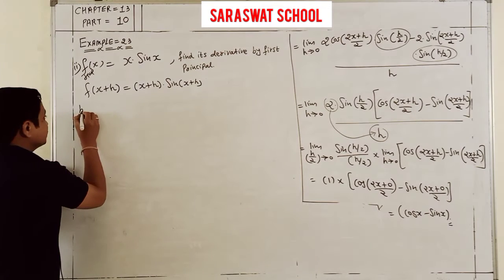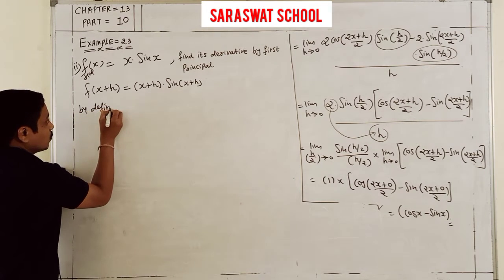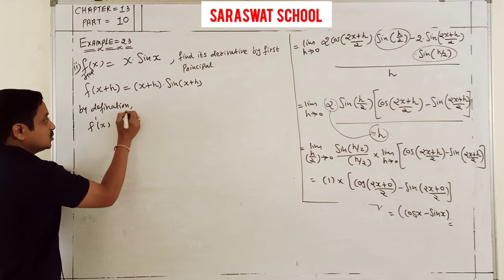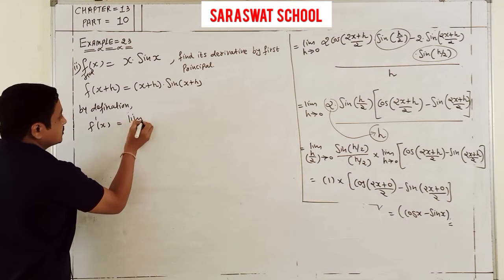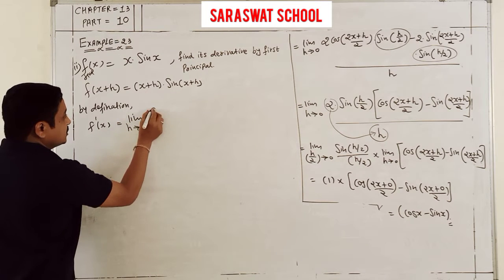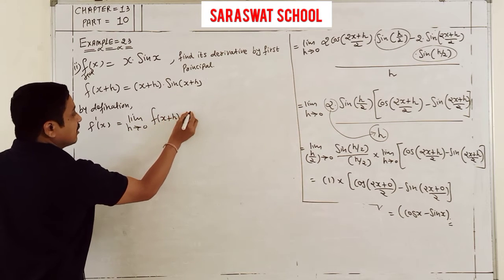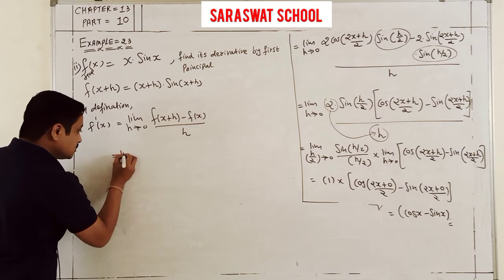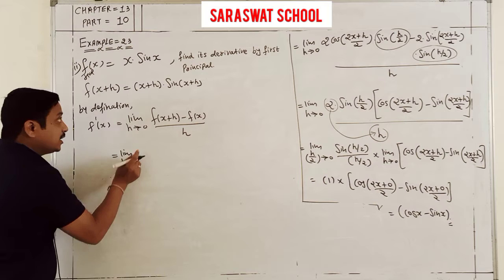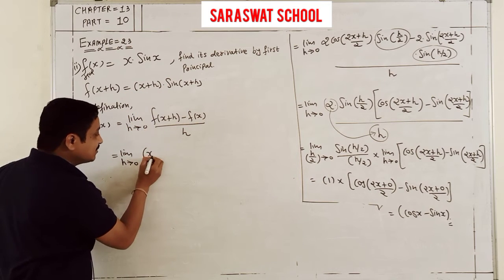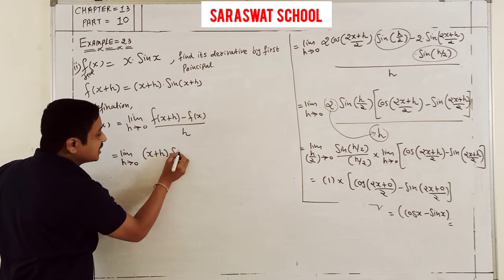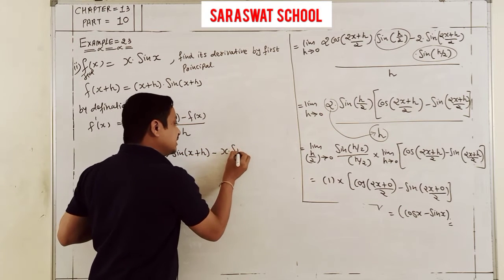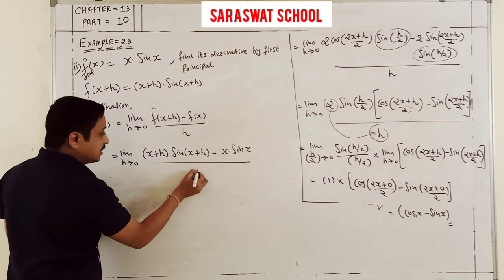So by definition, your f dash x is the rule you already know: limit h tends to 0, f of x plus h minus f of x by h. The same, and you put down the value for x plus h, with sine of x plus h minus x into sine x and upon h as it is.